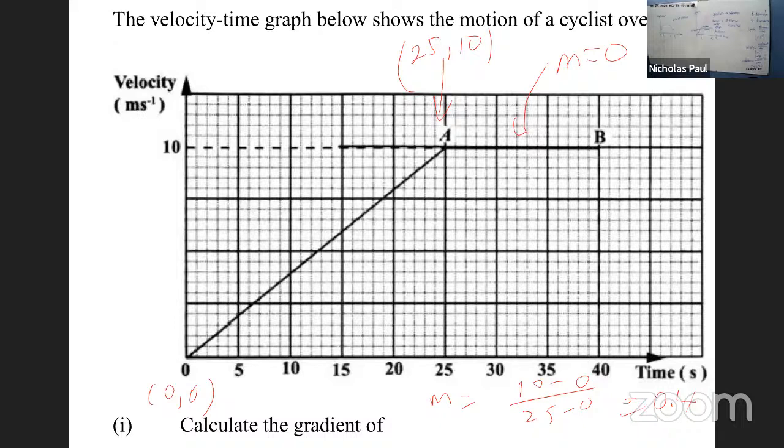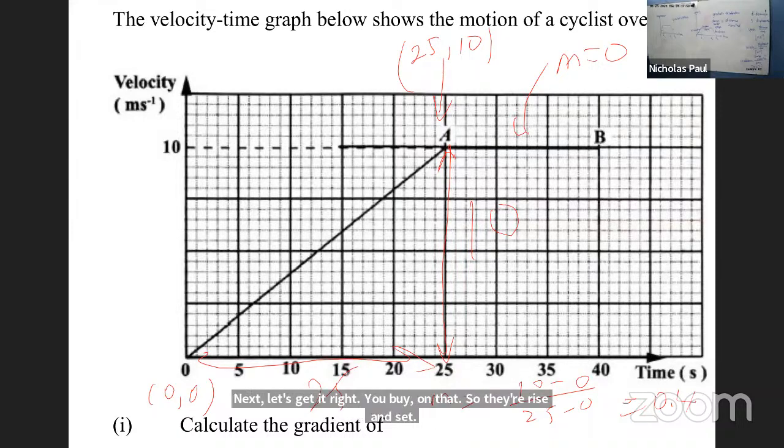Remember the next method is rise divided by run. So the rise is 10 and the run is 25, and you just divide them, right? 10 divided by 25.